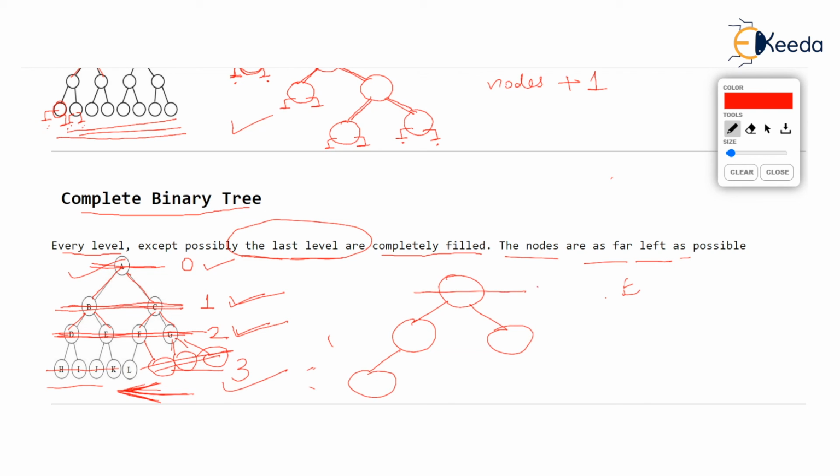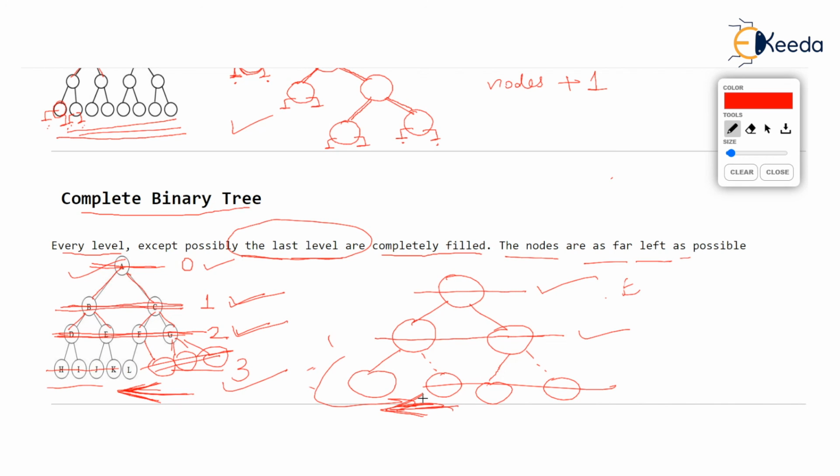On level 1 there can be only two nodes, filled. At the last level here there could have been four nodes actually, isn't it? Four nodes. But we have not shown these three nodes, and whatever nodes we have shown are to the left, as left as possible, isn't it? So this is a complete binary tree.